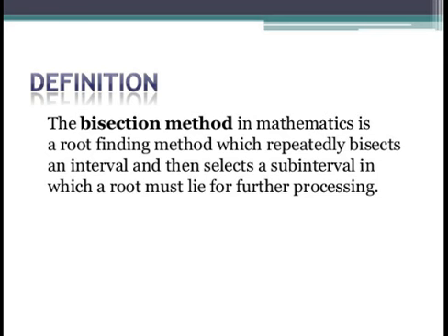So its definition is that the bisection method in mathematics is a root finding method. Our basic objective is to find the root of the equation, or to get the solution of the equation. The bisection method repeatedly bisects, so we have to use iterations and repeatedly bisect the interval into two equal parts at the midpoint, and then select the subinterval in which the root must lie for further processing.